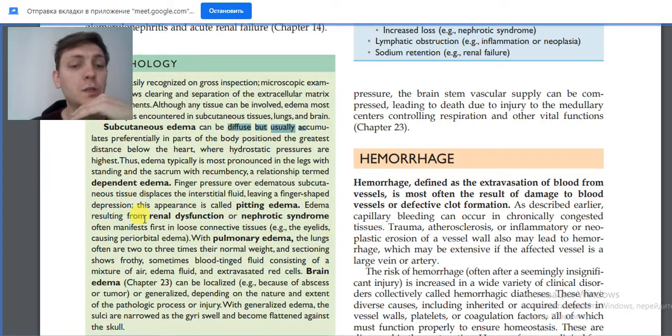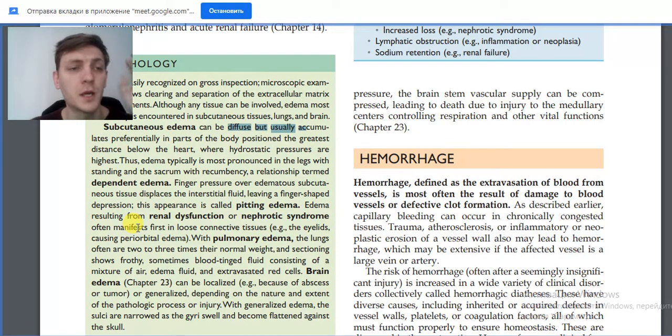When it's diffuse, it typically tells us about nephrotic syndrome, or decreased protein amount inside the blood. It might be caused by renal dysfunction, or liver dysfunction, or both kidney and liver dysfunction.